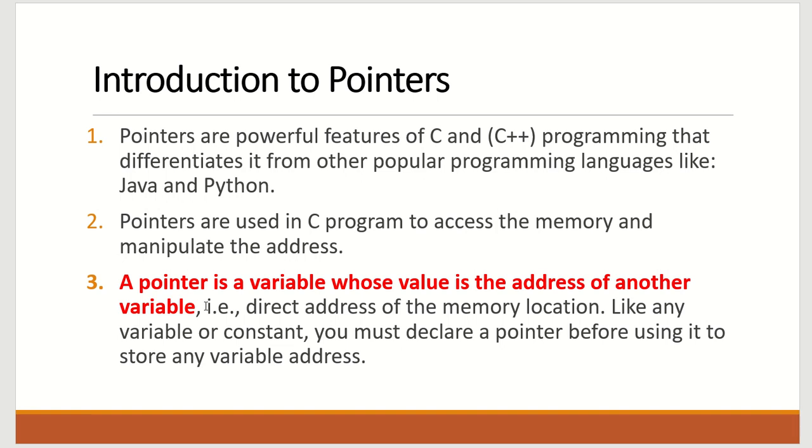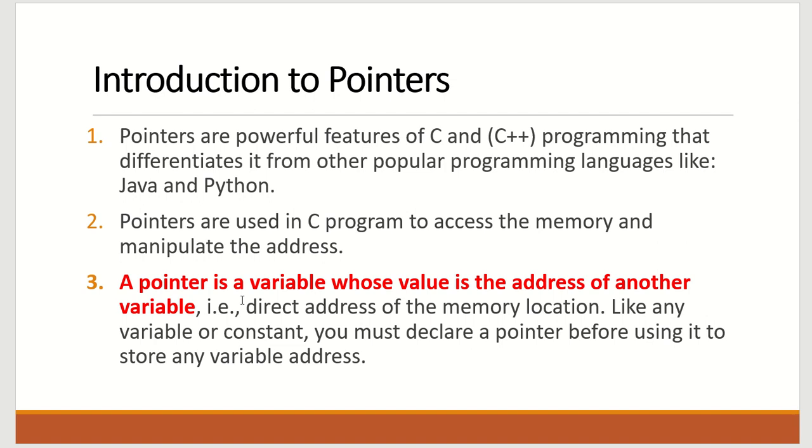Now here we are coming to the definition part. A pointer is a variable whose value is the address of another variable. That means, for example, if I say a is equal to 5, so a is a normal variable and its value is 5.